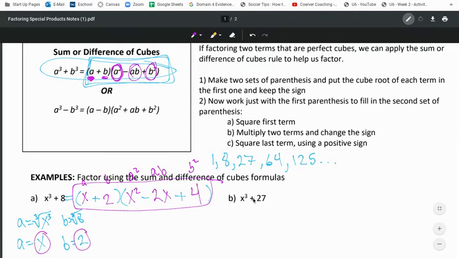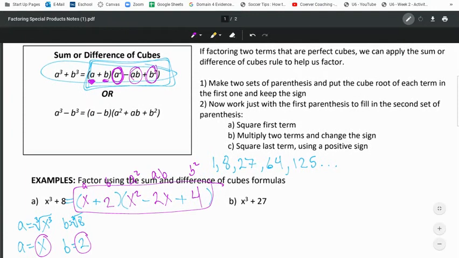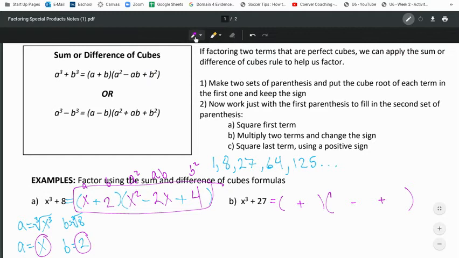Here's another sum of cubes. I already know there are two terms, and I recognize those as perfect cubes. So I'm going to have two sets of parentheses. The first one's going to have a plus, the next one's going to have a minus, plus, based off of the formula given. I'm just using this formula again.